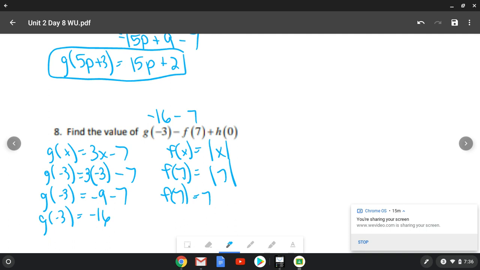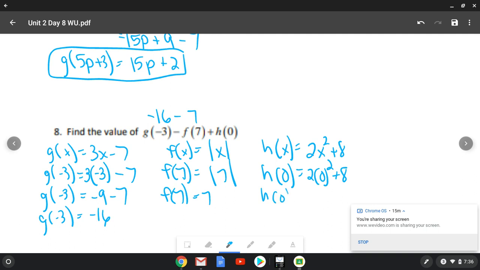And then h is the one with the squared, I think, up above. So that was 2x squared plus 8. So this is saying plug in 0 for x. So that'd be 2 times 0 squared plus 8.